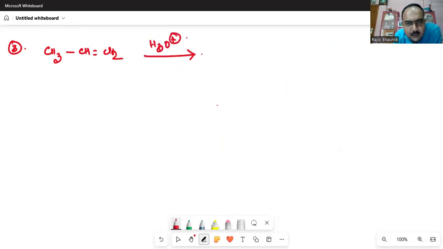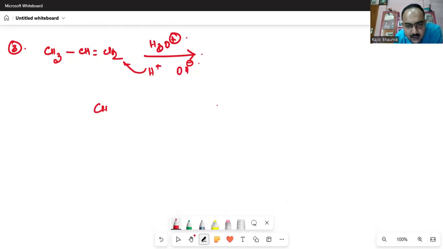You see here, H3O plus contains two things: one is H plus, another is OH minus. This is hydrolysis, so water will be added. According to Markovnikov's rule, H plus will be added here and OH minus will be added here. So the mechanism is like that.